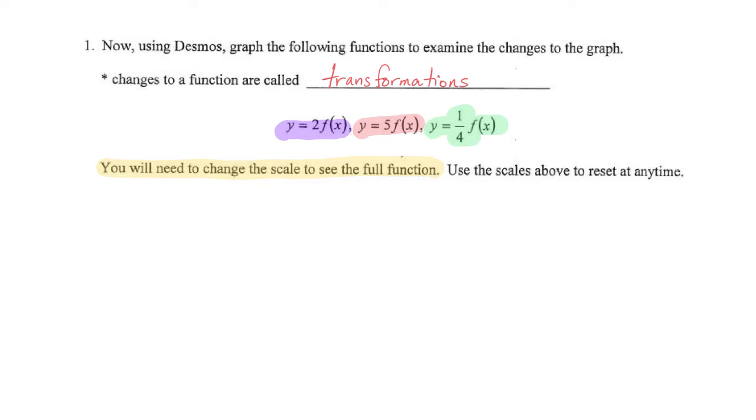However, on the front page we have our generic scales, what we set our X and Y scales to. So if at any time zooming in and out with your fingers doesn't allow you to get back to that picture you like, then just feel free to use those scales at any time to reset your picture and start all over again.